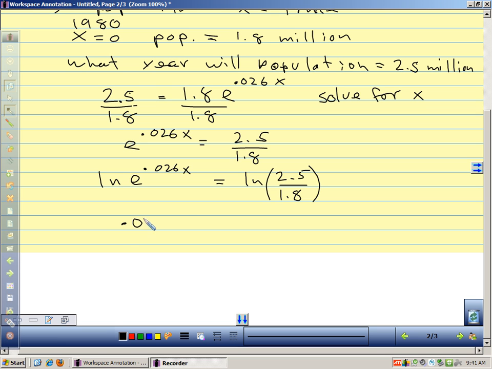So 0.026x equals the natural log of 2.5 over 1.8. To get x by itself, I'm just going to divide by 0.026. When I plug this into my calculator, natural log of 2.5 divided by 1.8, all divided by 0.026, I get about 12.6 years.